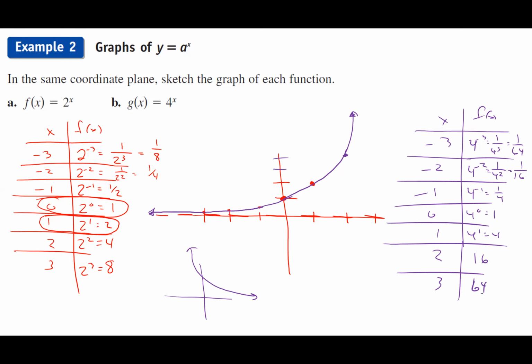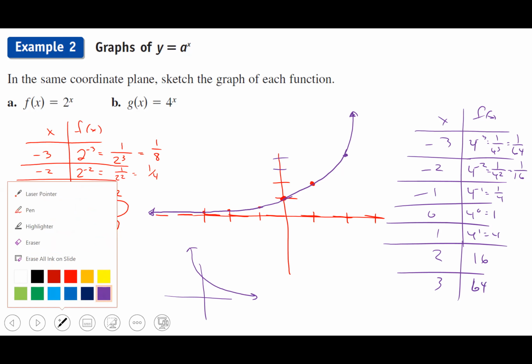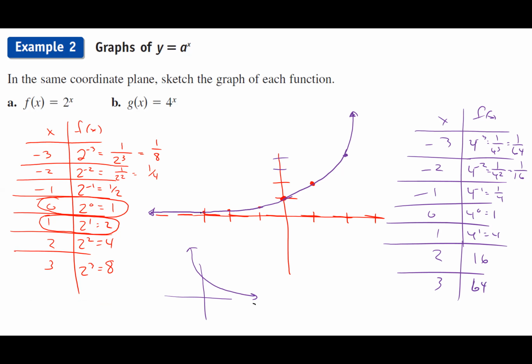So let's do this one. I want you guys to notice a couple of things here though. As you graph -3, 1/64, notice the graph is going to be slightly under. It's going to be right here, the dot. 1/16 is going to be right here. 1/4 is going to be right here. We're good? So notice the graph is underneath the other graph. Then at 0, 1, hey, that important point. Remember that little guy, important point right there? 0, 1 again.